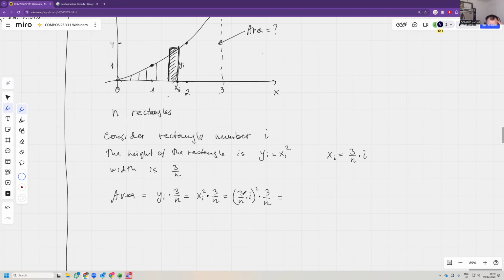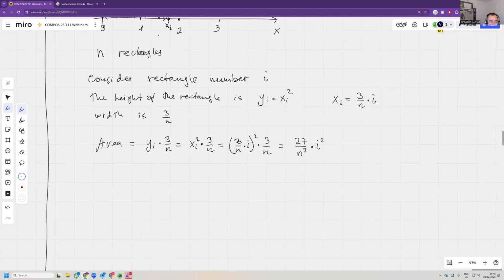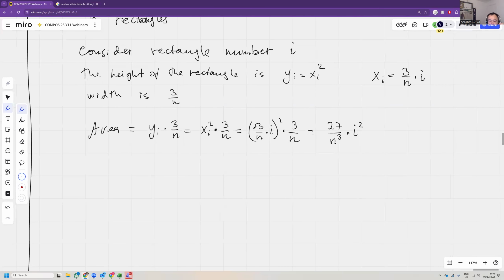We can simplify that. That's 27 over n cubed multiplied by i squared. That's the area of the ith rectangle.